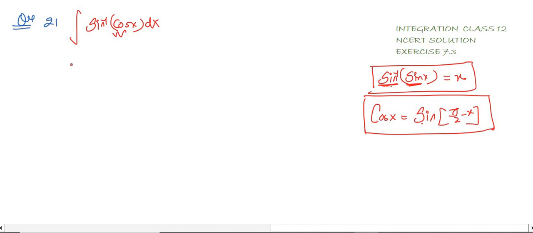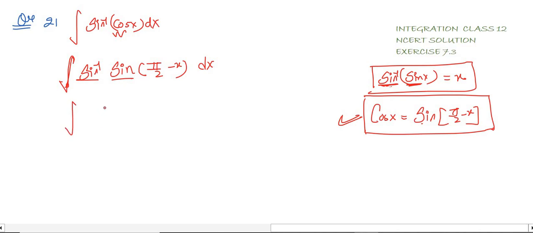So this will become sin inverse of sin (pi by 2 minus x) dx. This is the formula from class 11th. Now sin inverse and sin together disappear, and we get only (pi by 2 minus x).